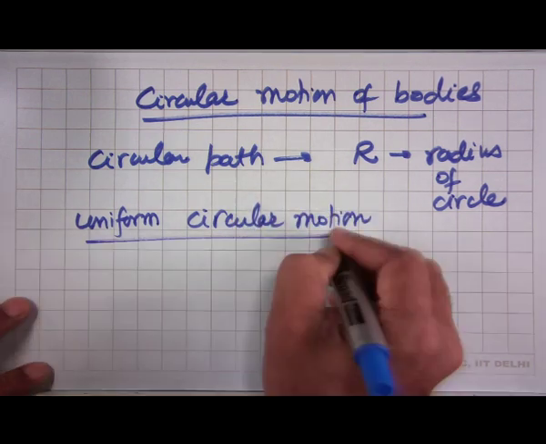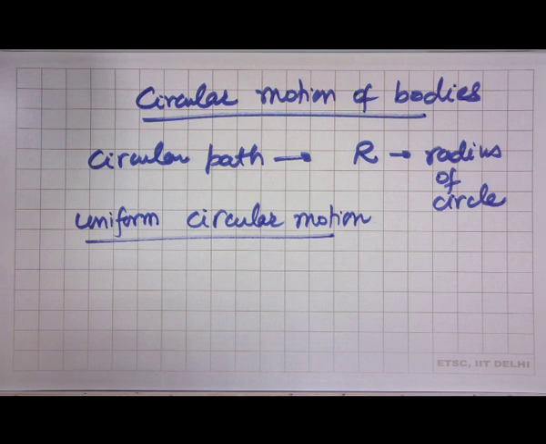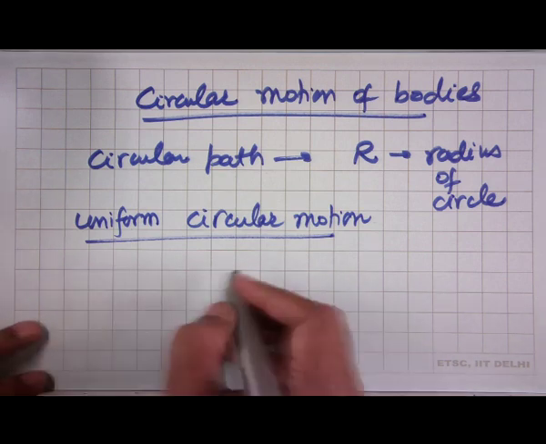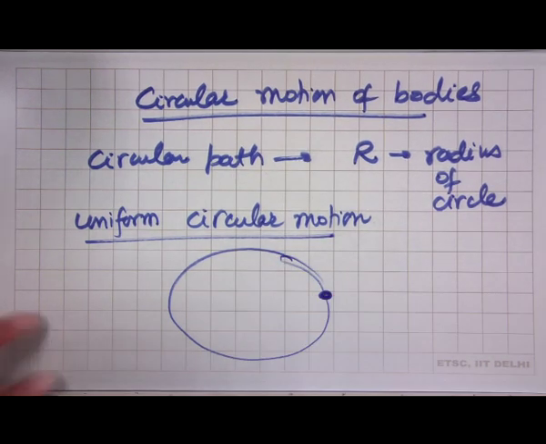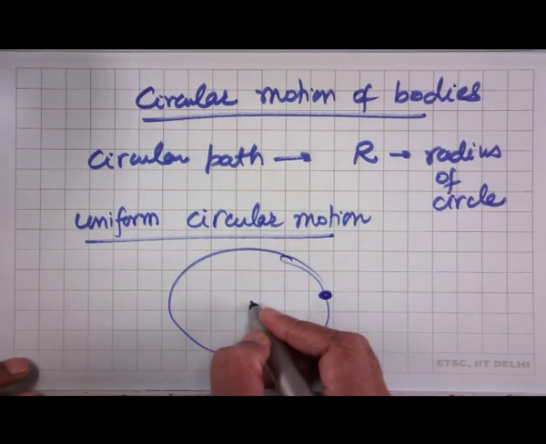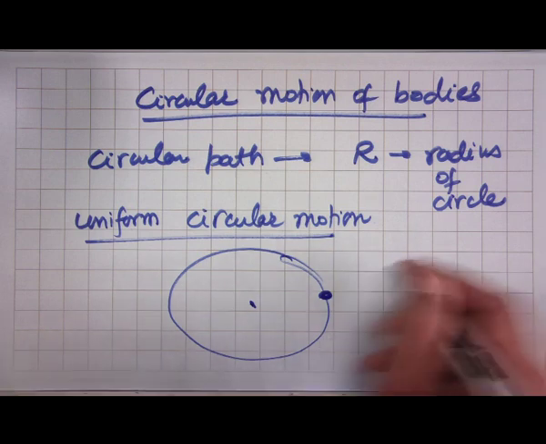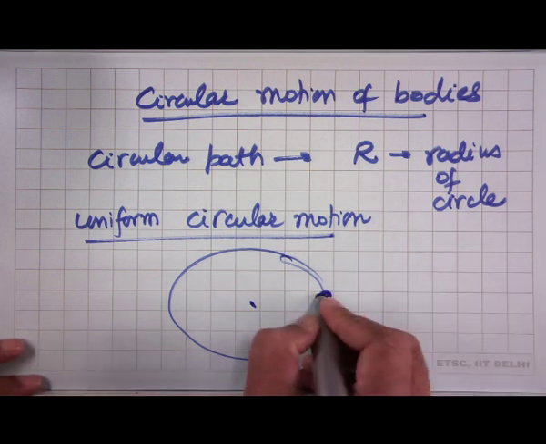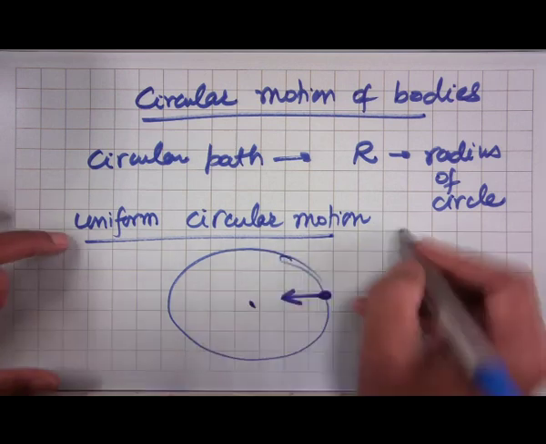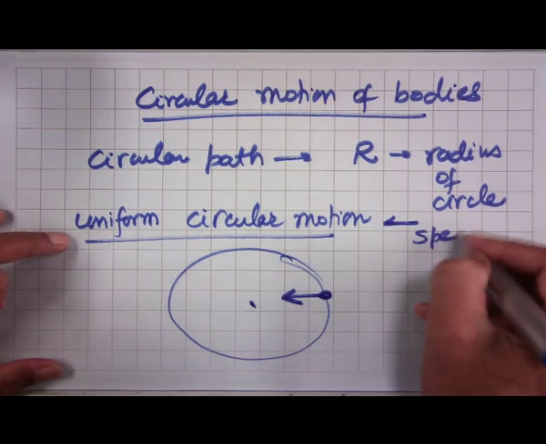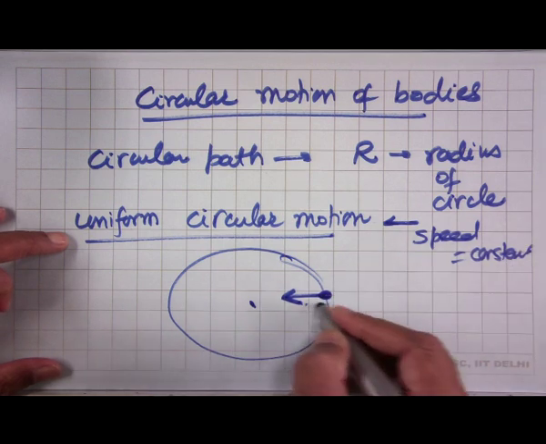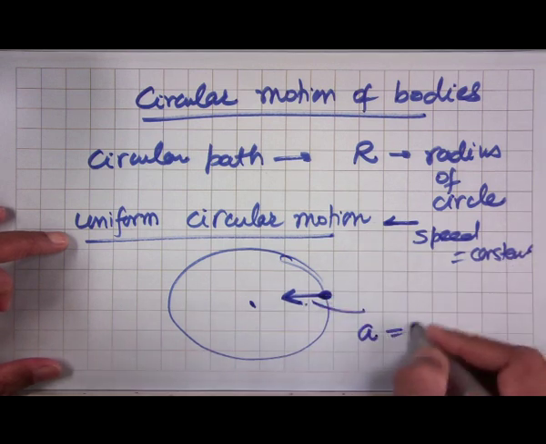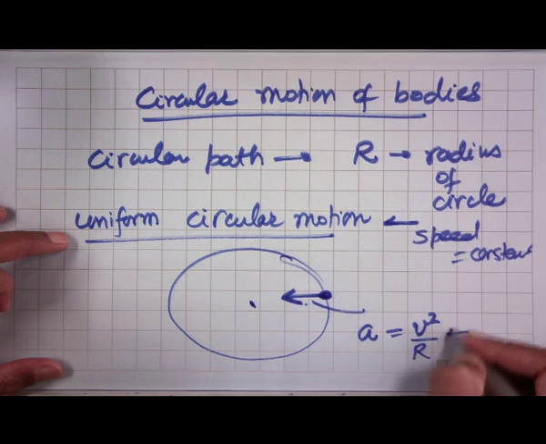In case of uniform circular motion, if you recall, what we had shown was that, if there is a circle, a body moving on a circular path at this instant, this is the center. Uniform circular motion means speed is constant. So, the acceleration of this particle is equal to v square upon r, pointing toward the center.